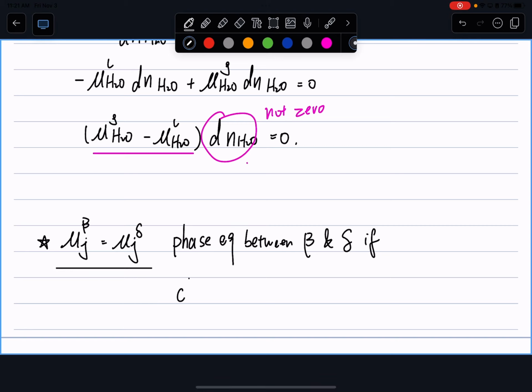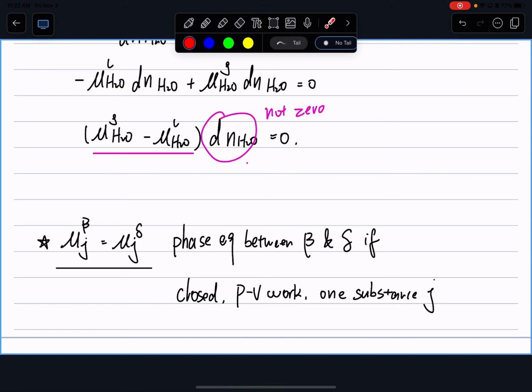And again, we're talking about a closed system with PV work only and only one substance. So at phase equilibrium, the chemical potential mu J beta of phase beta and mu J delta of phase delta are equal to each other.